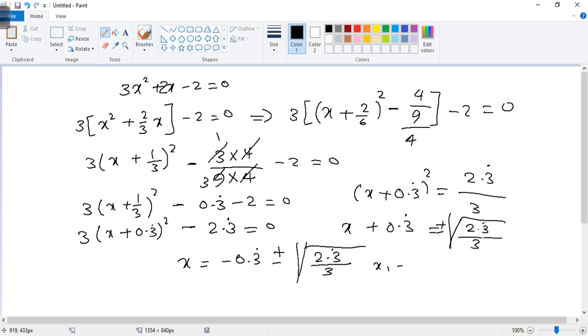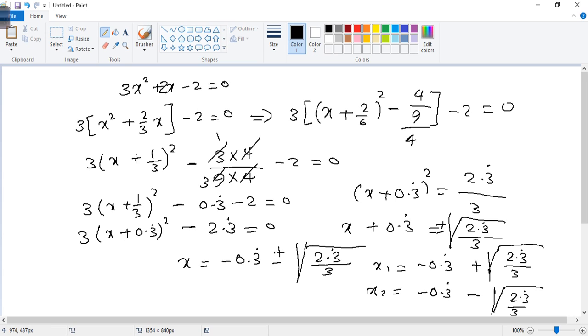So x1 equals minus 0.3 recurring plus the square root of 2.3 recurring divided by 3, and x2 equals minus 0.3 recurring minus the square root of 2.3 recurring divided by 3, and these are the two values. By the calculator, it is easy to work out. And this is the end of the completing the square.